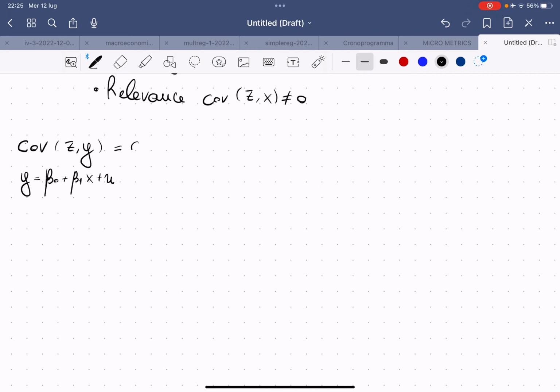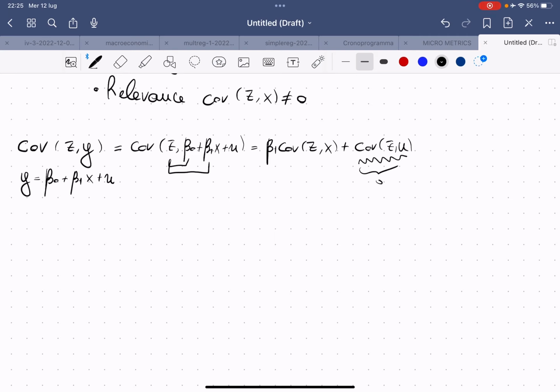So it will be equal to the covariance of Z and beta 0 plus beta 1 X plus U, which will be equal to beta 1 times the covariance of Z and X plus the covariance of Z and U. Now, by assumption, this will be equal to 0.